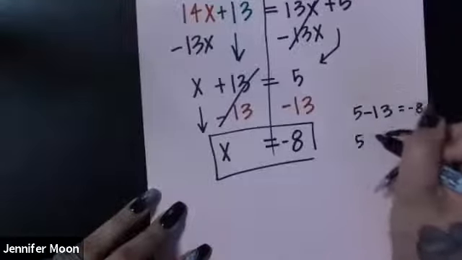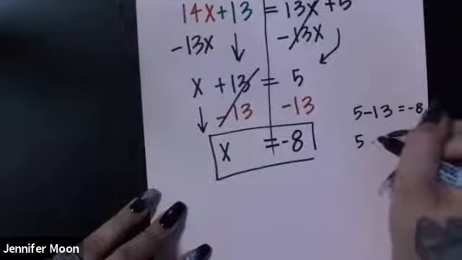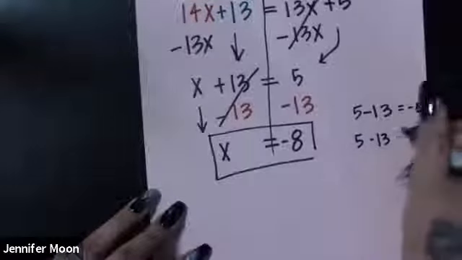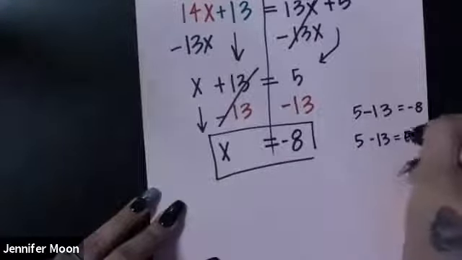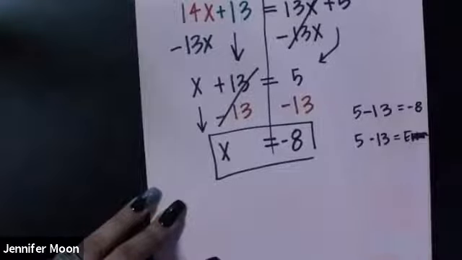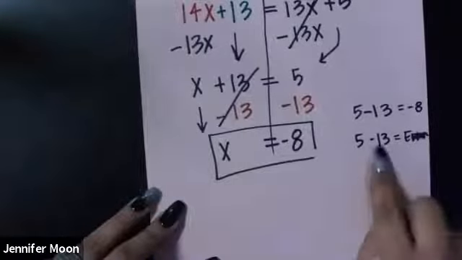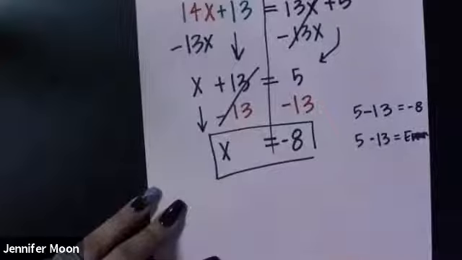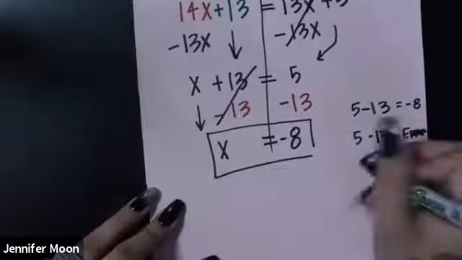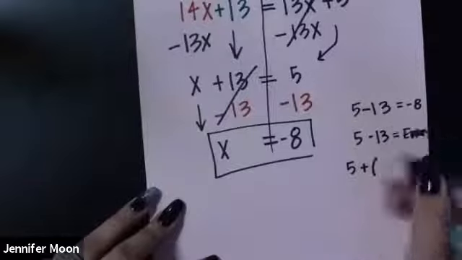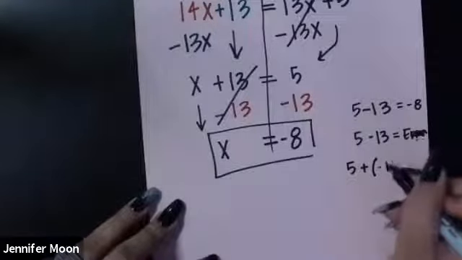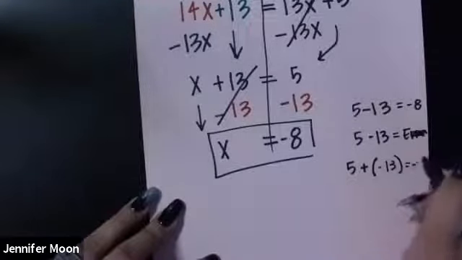If you try to do the little negative 13, it'll tell you error because you didn't use the proper operation. This is saying that number's 13. It's not telling the calculator to add or subtract. You would actually need to do 5 plus, and then you open a parenthesis, do a little negative 13, and then it'll tell you negative 8.